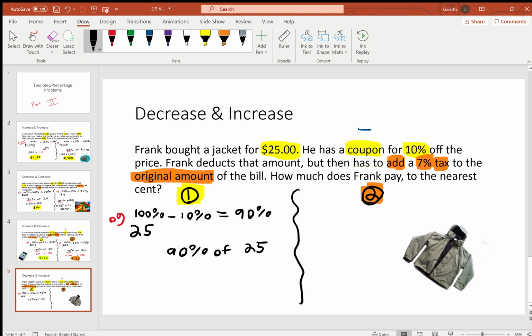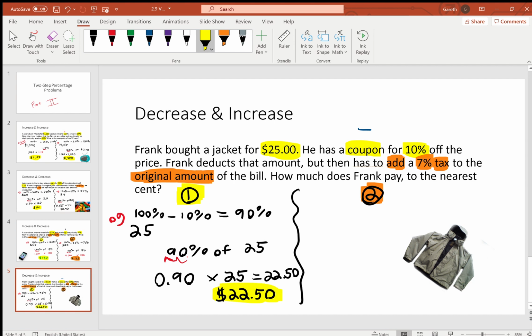So we're going to take the decimal point and move it 2 spots to the left. This becomes 0.90 times 25. Okay, calling on calculator assistance. 0.90 times 25 equals 22.5. So Frank would pay $22.50. That's the end of part 1.